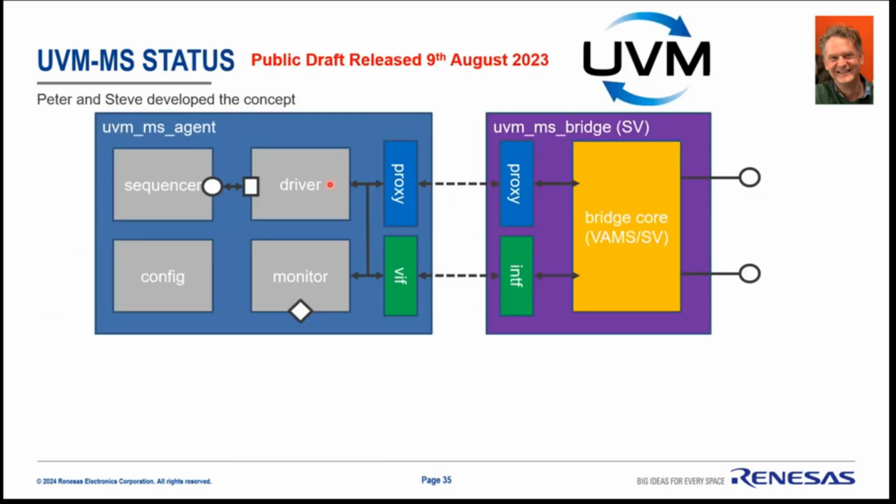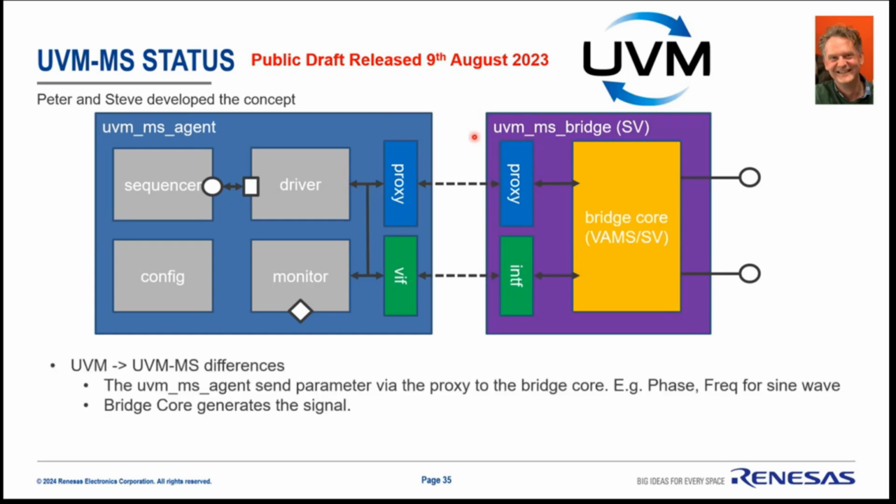Here's the concept that Peter and I developed, which is the canonical UVM mixed signal agent setup, the architecture. It's fairly similar to the standard non-mixed signal UVM, but we have some tricks in place to support a VAMS or SystemVerilog core, which is really the guts of our communication with the mixed signal world.